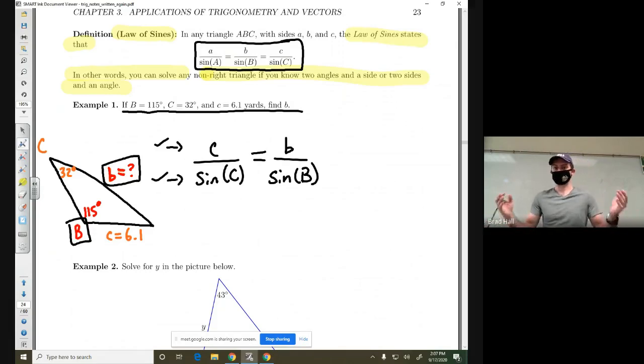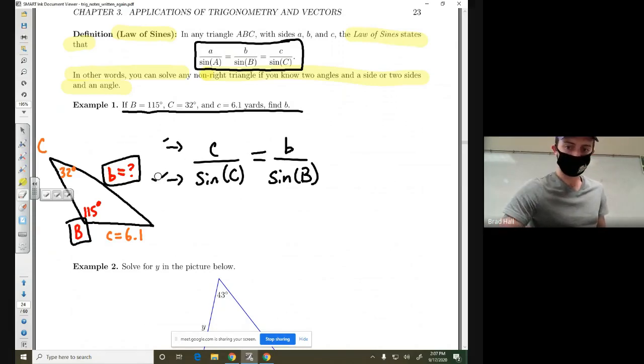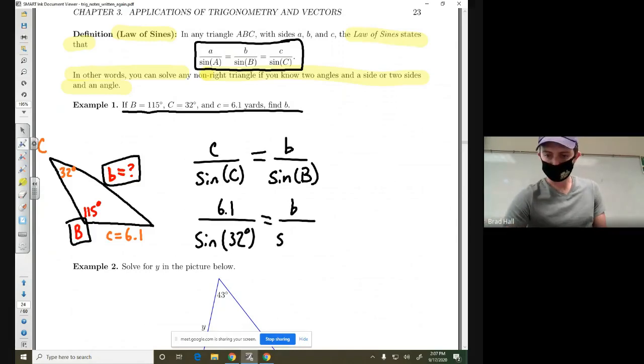This is how you interpret the formula: you need a completed ratio, and you need the ratio that helps extract the unknown value. Now let's plug in what we know. Little c is 6.1 divided by sine of capital C, which is 32 degrees, equal to lowercase b, which is unknown, over sine of capital B, which is 115 degrees.